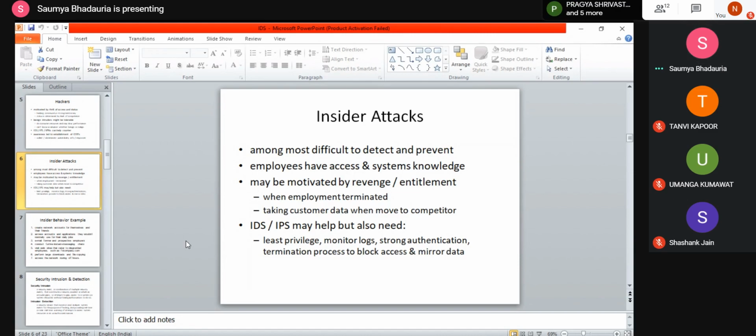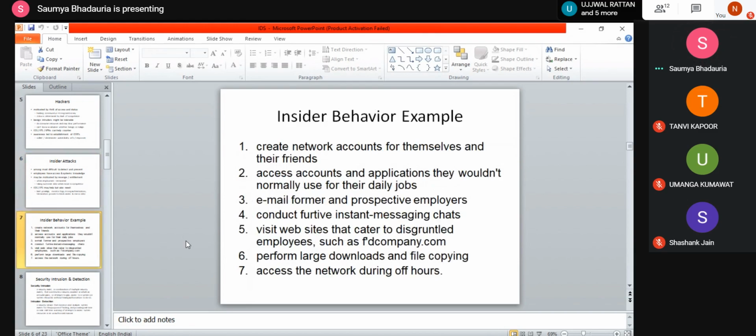Okay, now these are the possible examples of any insider who is trying to behave as a proper intruder.